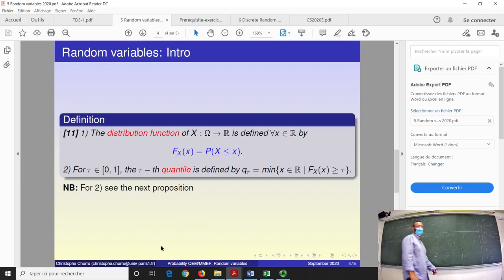It's what we call the distribution function of capital X. The probability that X is less than small x, for any real number x.